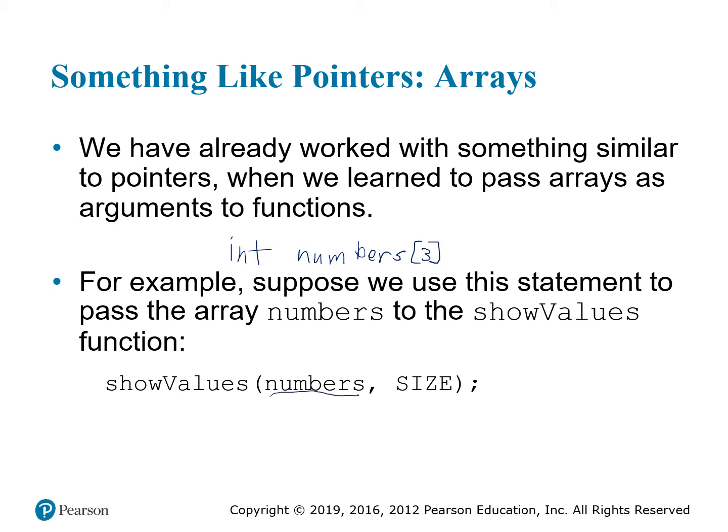What we actually pass here is not a copy of the entire array. We pass a pointer to the first value in numbers. And that's because of the way arrays are stored in C++ and C, which we'll get to in a minute.